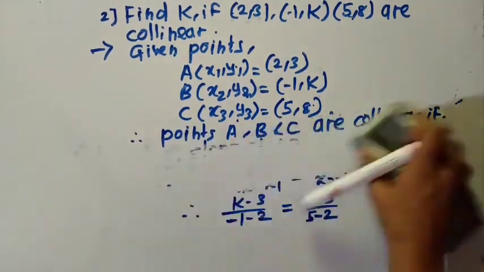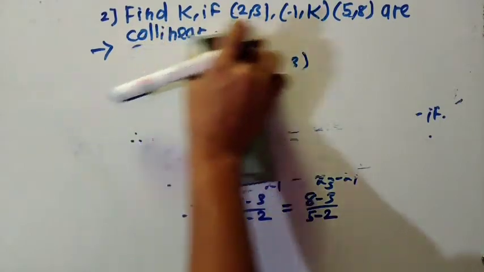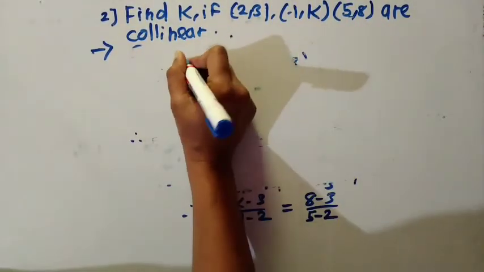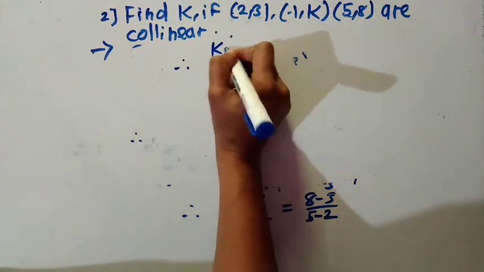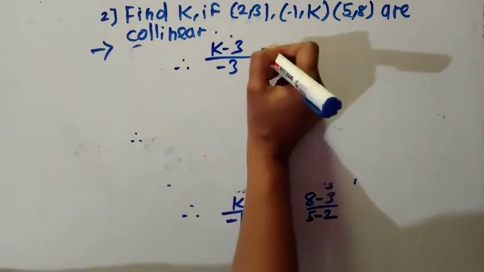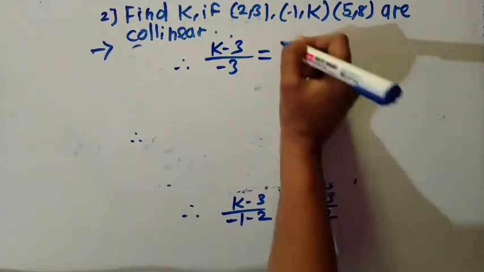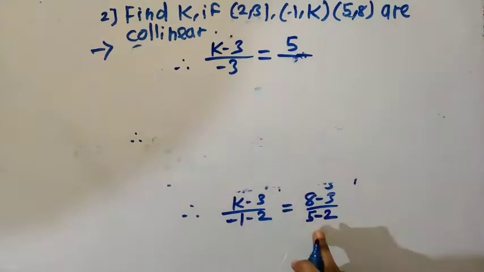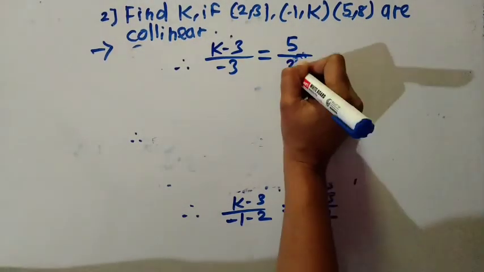Hence we get k minus 3 upon -1 minus 2, that is -3, is equal to 8 minus 3, that is 5, upon 5 minus 2, that is 3.